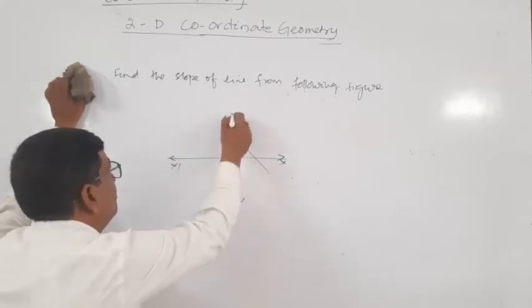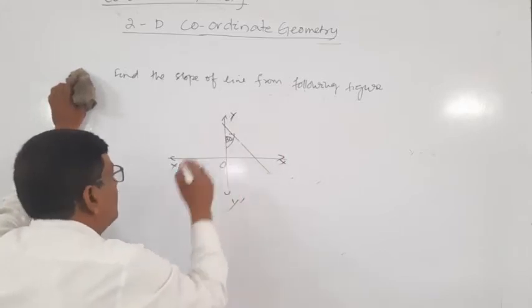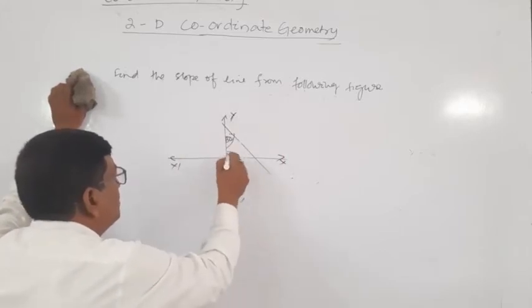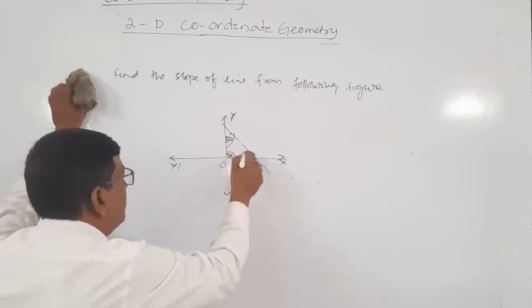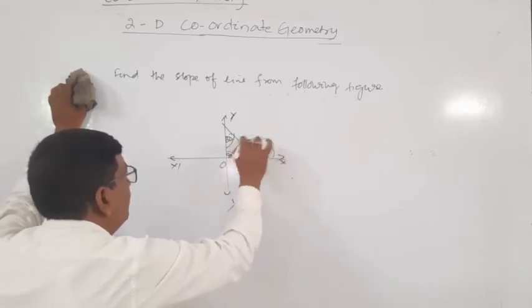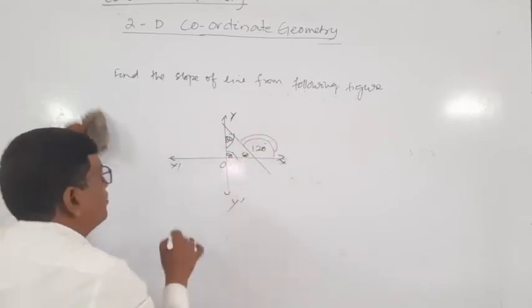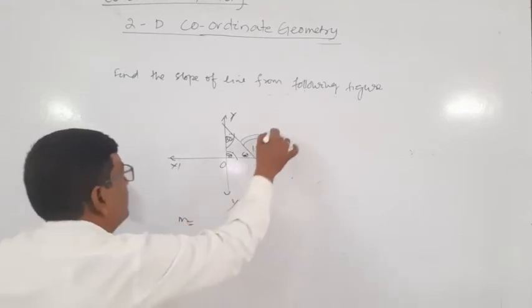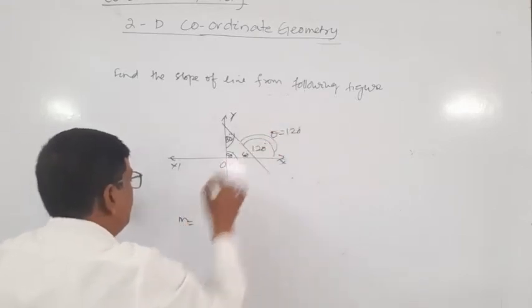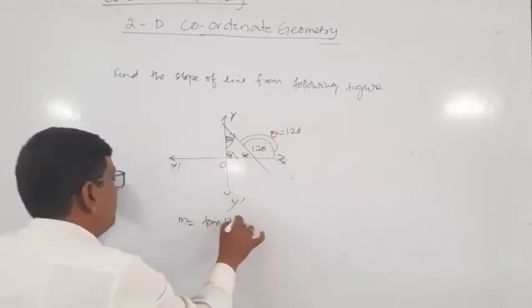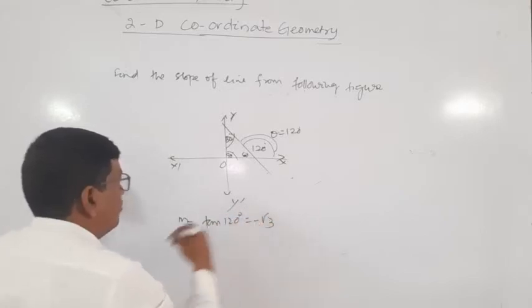This is the origin. So if this angle is 30 degrees and we know this is 90 degrees, then this is 60 degrees, and this angle will be 120 degrees. So theta is equal to 120 degrees, m equals tan 120 degrees, that is minus root 3.